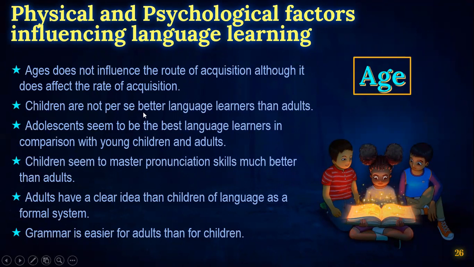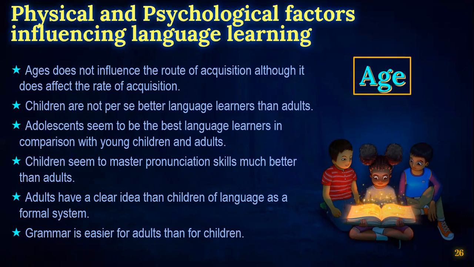Children are not per se better language learners than adults. Adolescents seem to be the best language learners in comparison with young children and adults. Children seem to master pronunciation skills much better than adults.